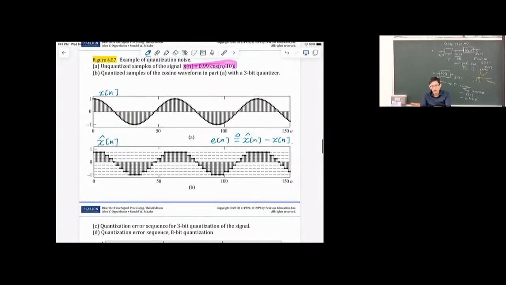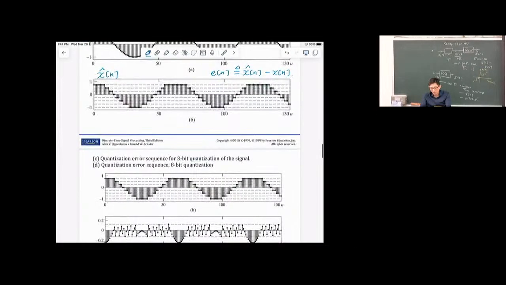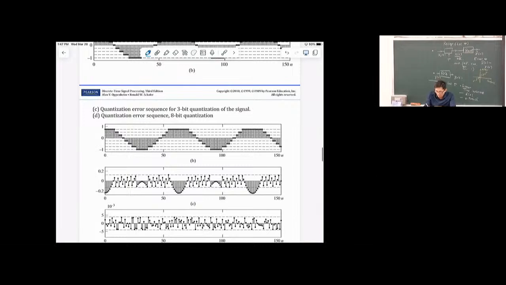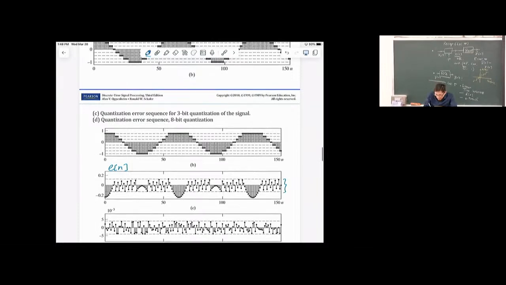If you use MATLAB, it's pretty straightforward to plot. The result of quantization error for 3-bit quantization looks like this. By the way, you can check that this is the quantization step size we're talking about.